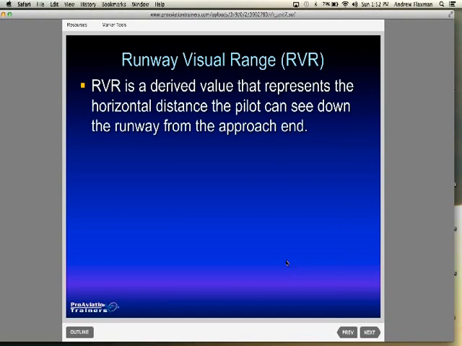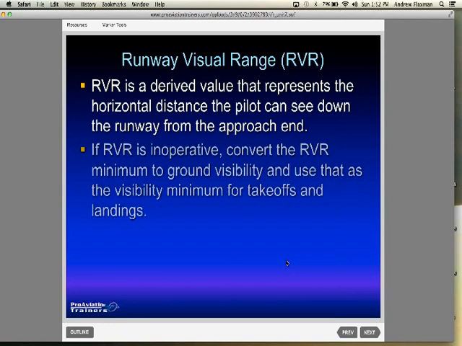RVR. RVR is a derived value that represents the horizontal distance the pilot can see down the runway from the approach end. While that's true, there also are RVR computers or indicators. If the RVR is inoperative, you can convert the RVR to minimum ground visibility and use that as the visibility minimum for takeoffs and landings.